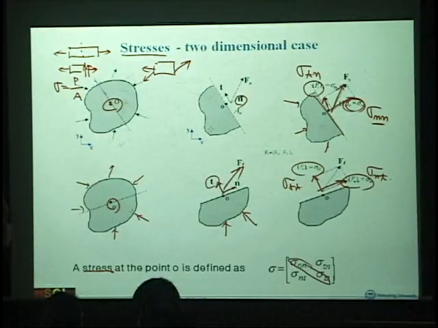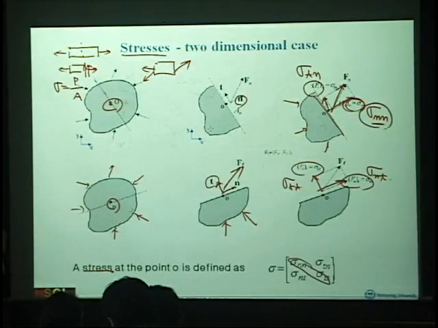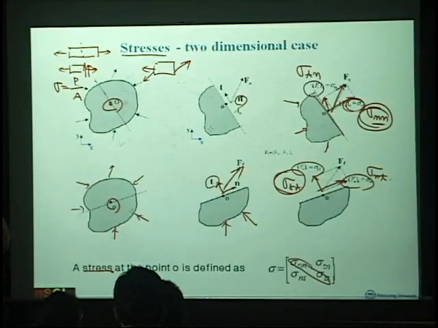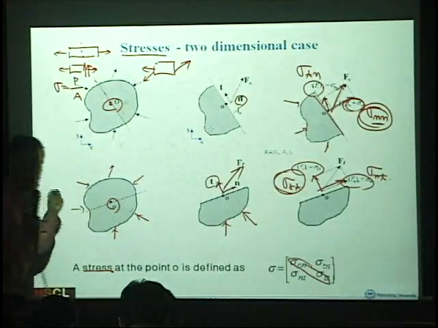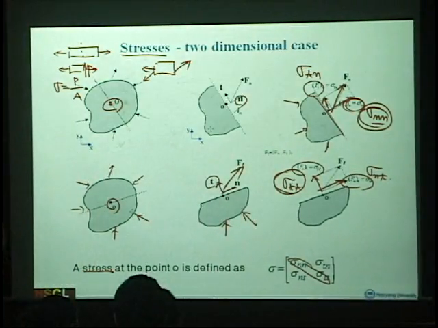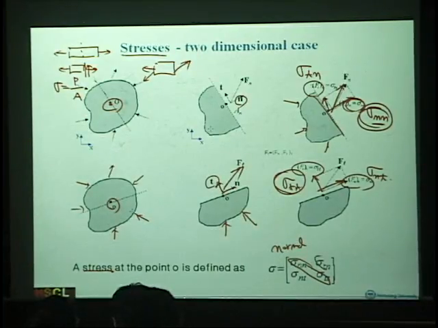Normal stress means this one and this one. See, the index NN, TT, same subscript, and they are normal stress. And this is the shear stress.